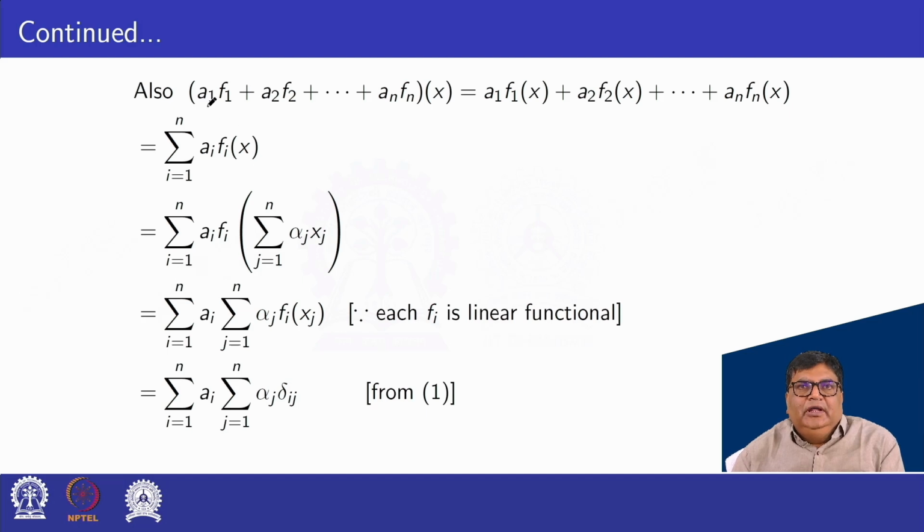Also, (a1 f1 plus a2 f2 plus and so on an fn)(x) is equal to a1 f1(x) plus a2 f2(x) plus and so on an fn(x).